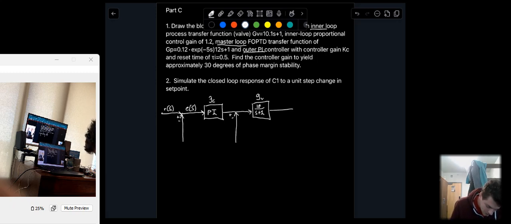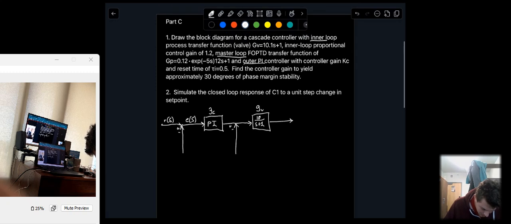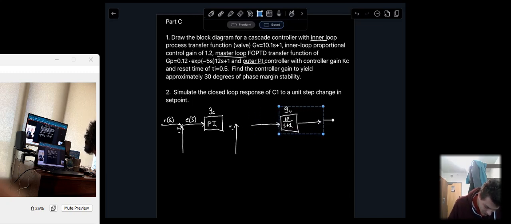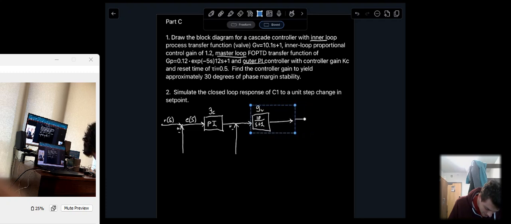Okay, so the output of that controller is then going to go into some sort of cascade controller with inner loop process transfer function, inner loop proportional gain. Oh, I did this wrong. So our valve is going to be our process here.